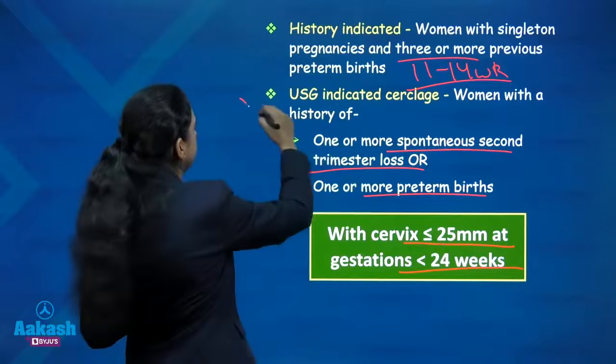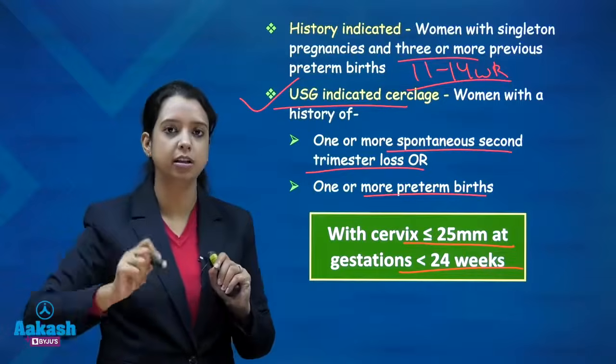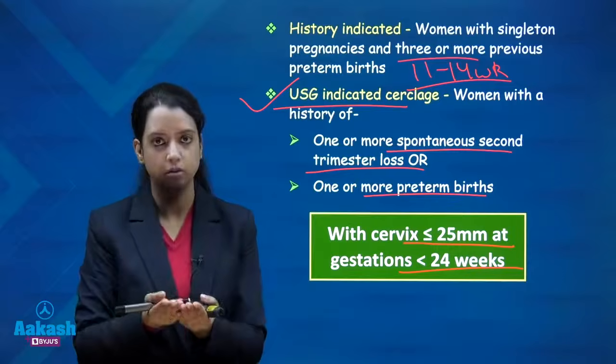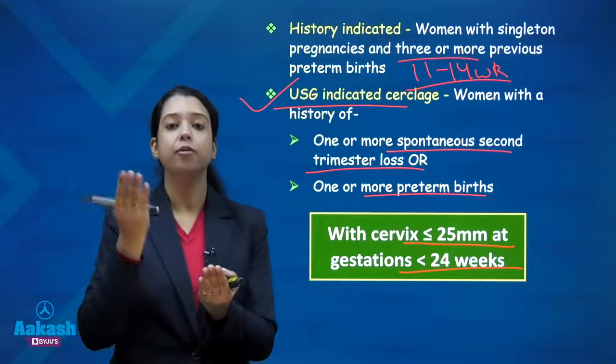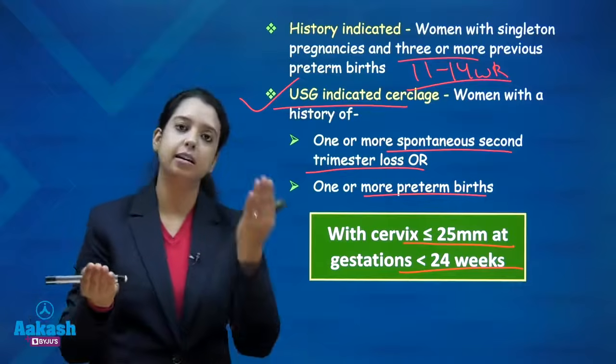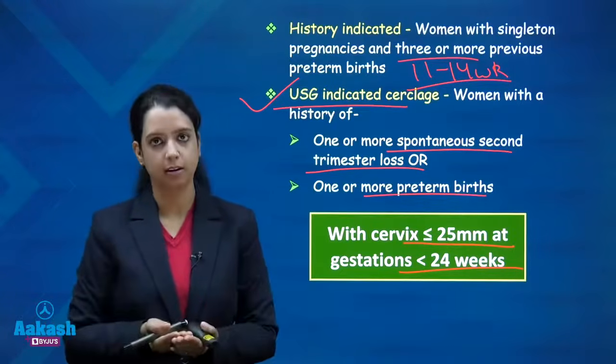That is ultrasound indicated cerclage, okay. So remember, ultrasound indicated cerclage is given in women who have history plus short cervix both, right. Okay, so a woman who has 1 preterm birth or 1 second trimester loss and ultrasound also shows short cervix of less than 25 mm, then you will give cerclage, right.